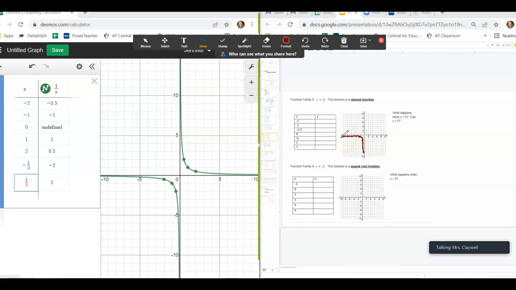So basically it looks something like that, and like that. So this is a rational function. When x equals 0, it's undefined.